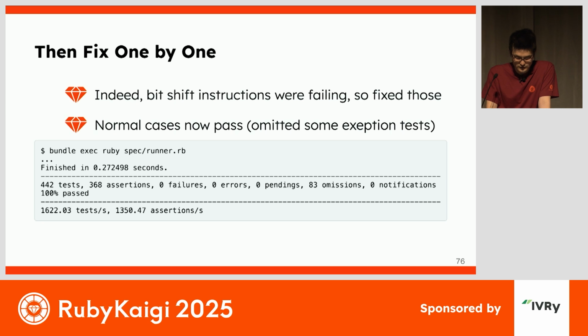So when I first ran the test cases related to I32, several tests failed, including bit shifts, as I somewhat expected. After fixing all of these failures, I was able to get the grayscale to run successfully.